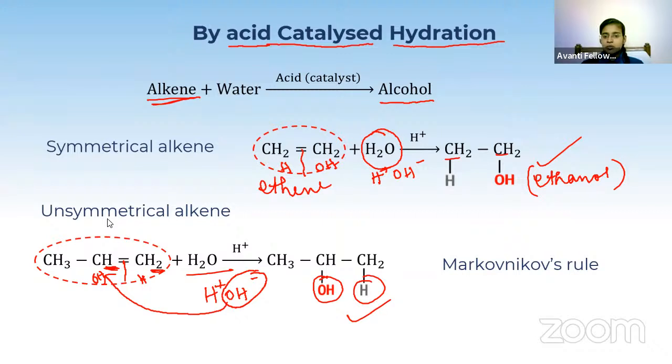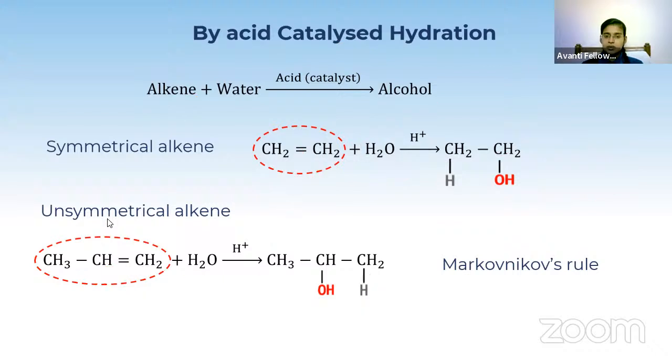Can you give me the name of this compound? Can anyone give me the name of the product? The name of the reactant is propene. What is the name of this product? We have a three carbon containing alcohol: 1, 2 and 3. What is the name of this alcohol?